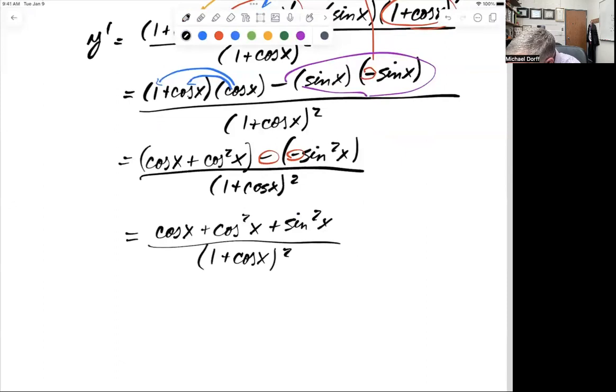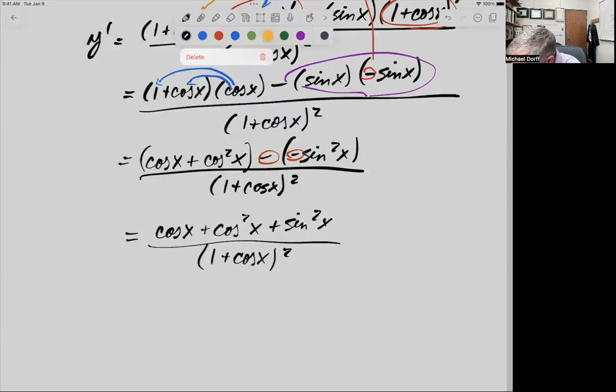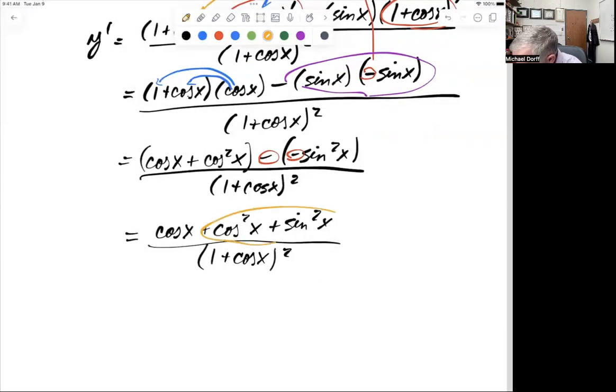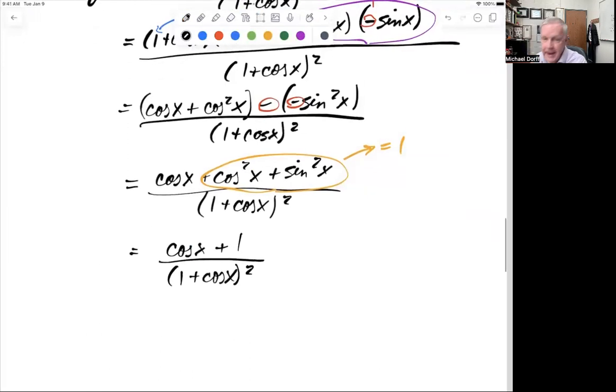But here's where you remember one of the most important trig identities. What is cosine squared x plus sine squared x? Well, that equals 1. So we're going to put that in here, and we get cosine x plus 1 over 1 plus cosine x squared. And now some of you may say, oh, I'm already done now.